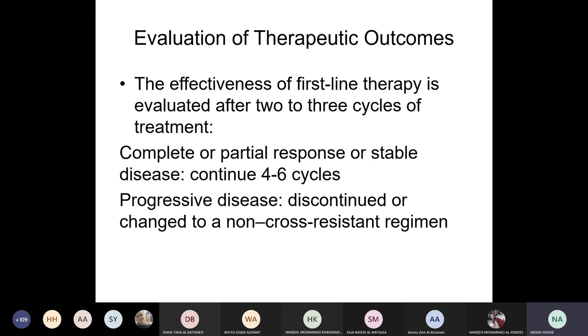As long as we have stable disease, some regression, or a good response, we continue the treatment. If there is no good response, maybe this indicates failure and we have to discontinue and go to another treatment. And we discussed the options available for first line and second line treatments in the management of advanced small cell lung cancer.